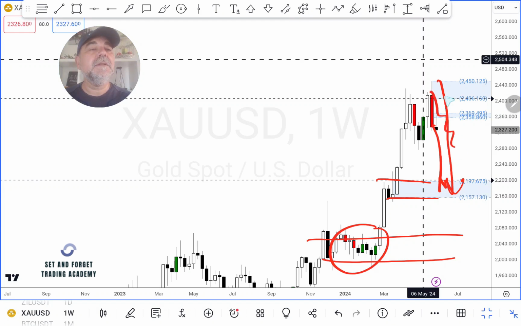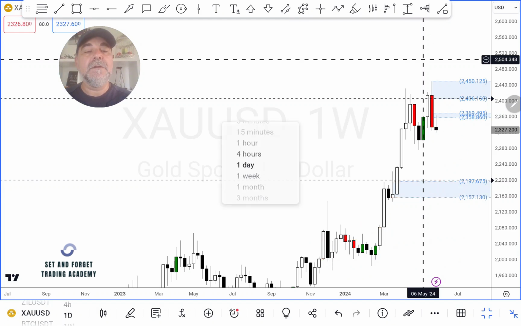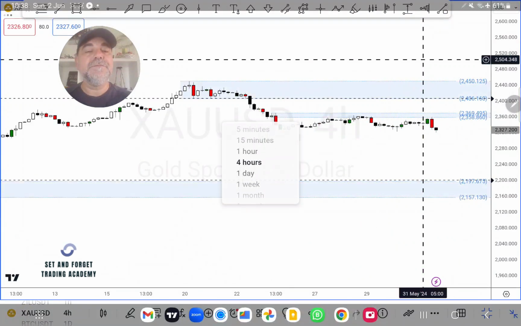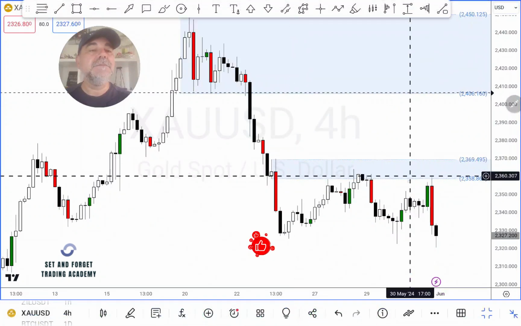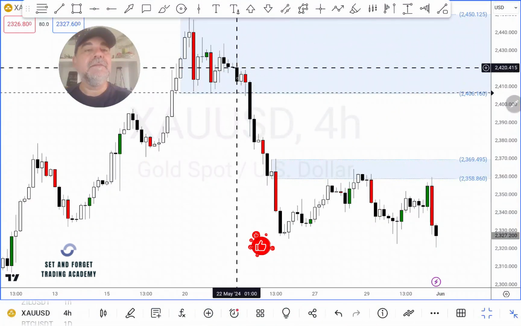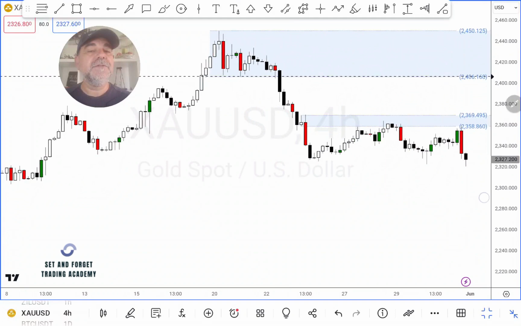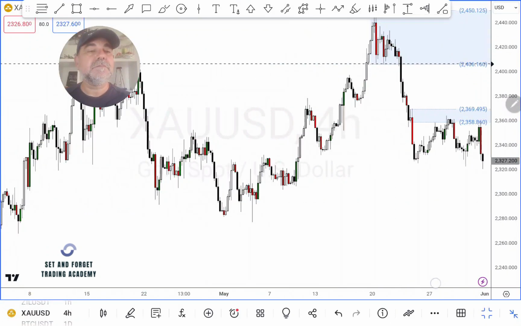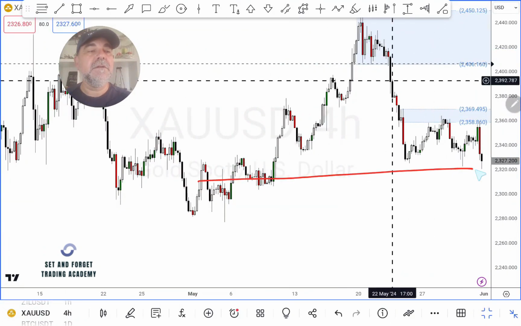On the way down, as I said before, the 4-hour demand supply level on gold spot is playing out. We've got a supply level on the daily right at the top, and if it continues to drop, this is obviously an obstacle. It has to prevent price from dropping. This is an imbalance there.